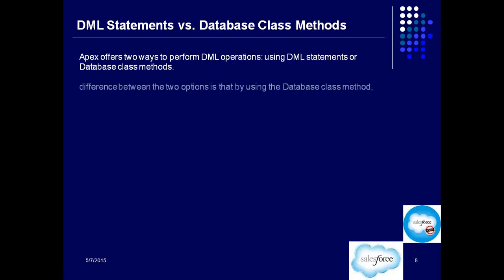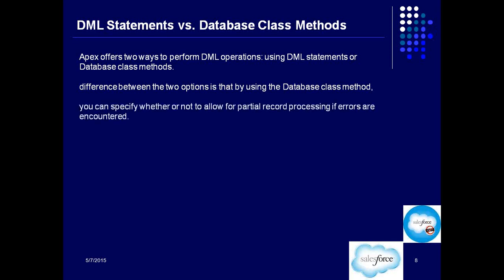Okay, why would we do that? Why would we use the database class and where will we use the DML statement? Let's understand that. So I told you about the DML statement. The restriction with the DML statement is either it will completely get committed or it will get rolled back. So that's the problem with the DML statement. The difference between the two options is that by using the database class method, you can specify whether or not to allow for partial record processing.